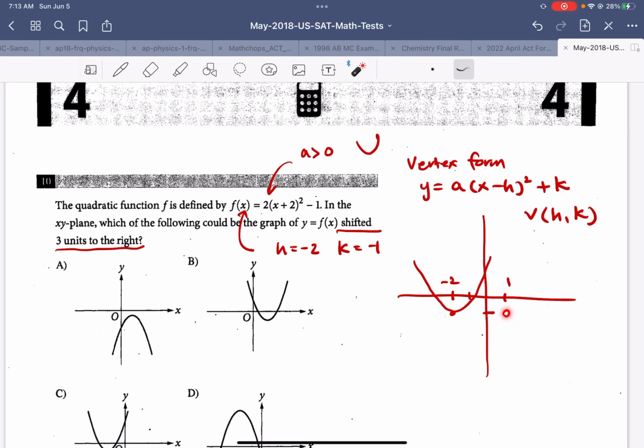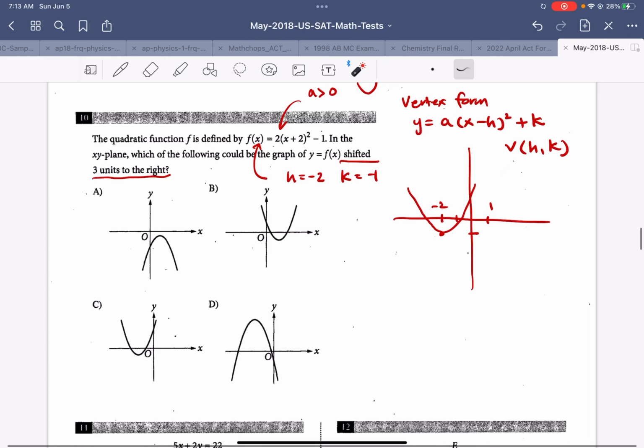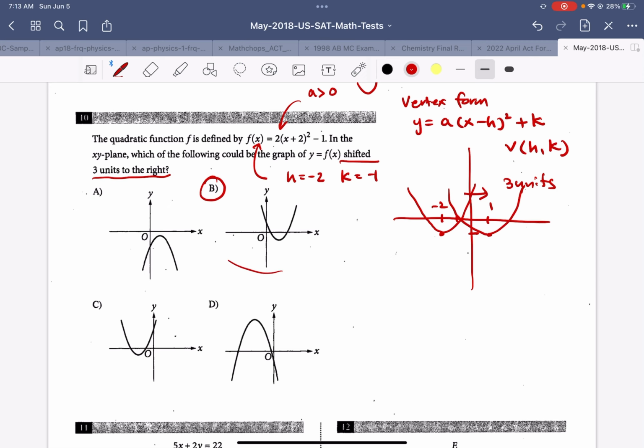So the graph is somewhere here. Then which one looks like that shape? Then the answer has to be B. Okay, this one shifted 3 units. So it should be something like this. So that is B.